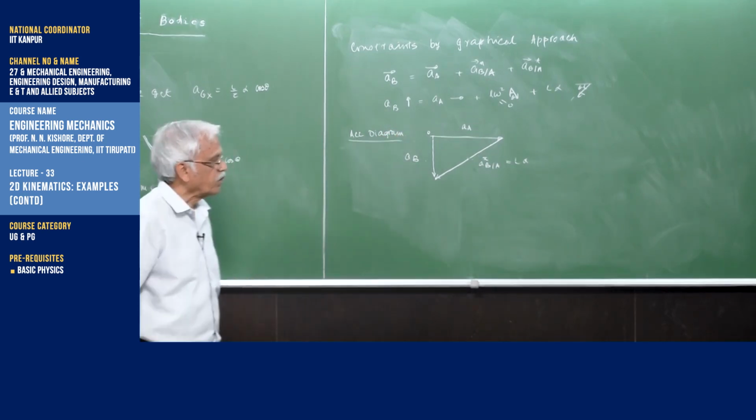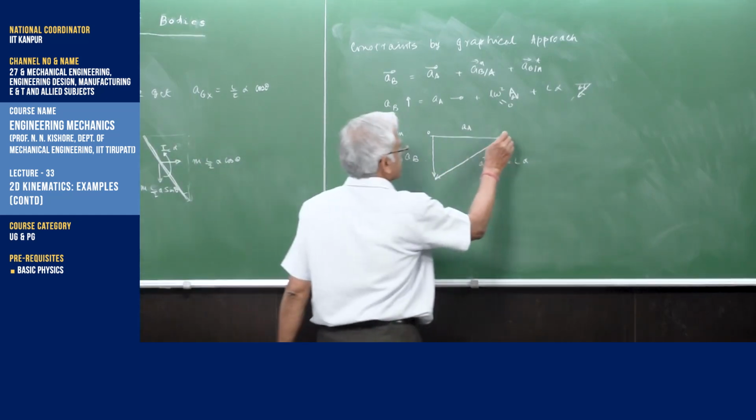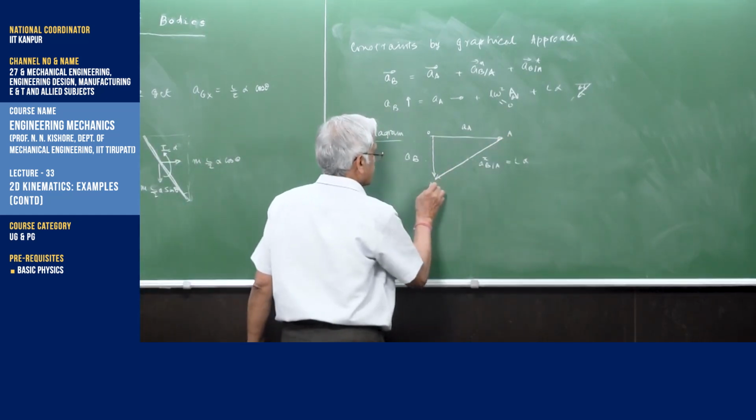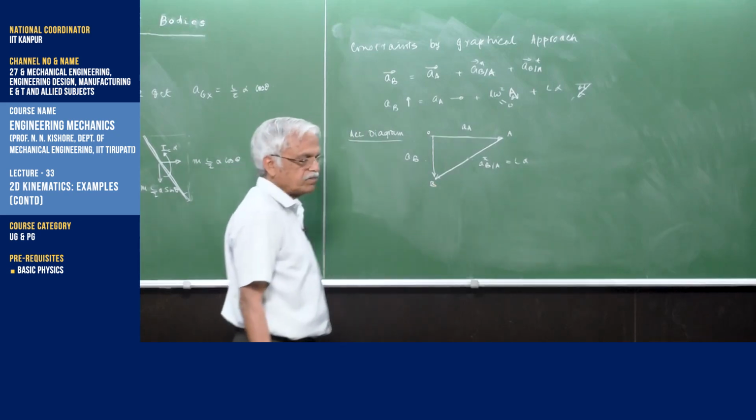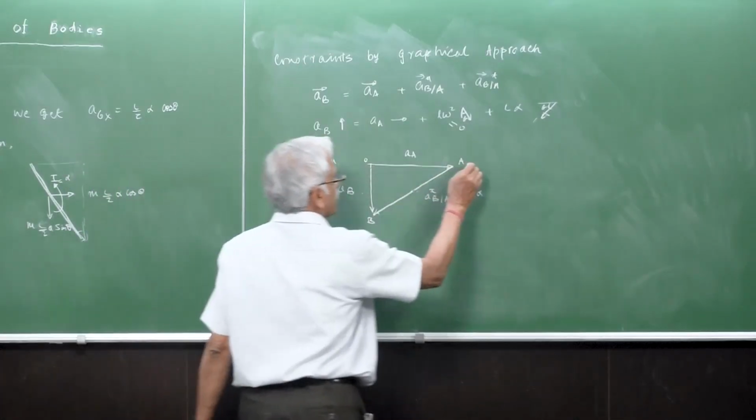Okay, so why we have drawn this is that this is acceleration of A and this is the representation of B in the acceleration diagram, this being origin.